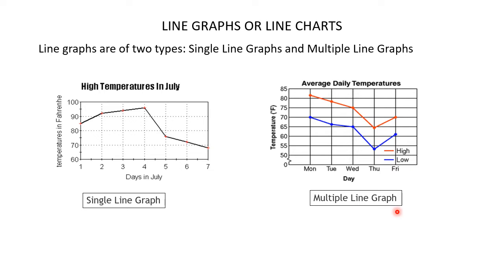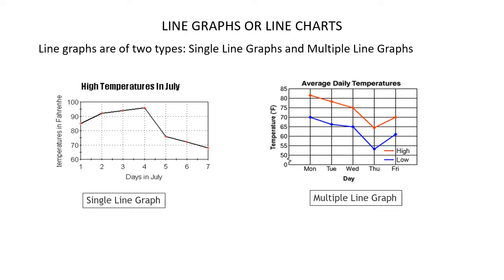Now, let's consider the multiple line graph. Here you can see two lines are plotted in the graph. Now, this multiple line graph is regarding average daily temperatures. Here, the days of the week are plotted along the horizontal axis, and the temperatures in Fahrenheit are plotted along the vertical axis. Now, this red line indicates the average high daily temperatures, and the blue line here indicates the average low daily temperatures.